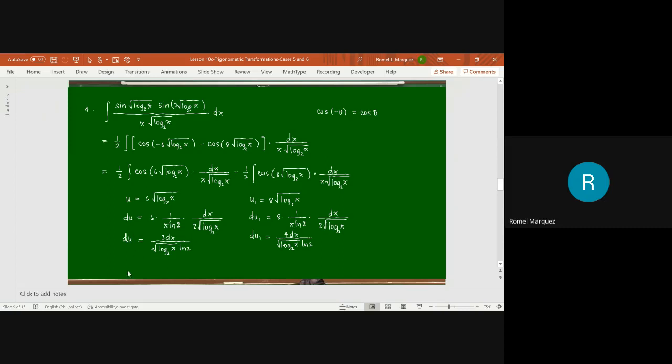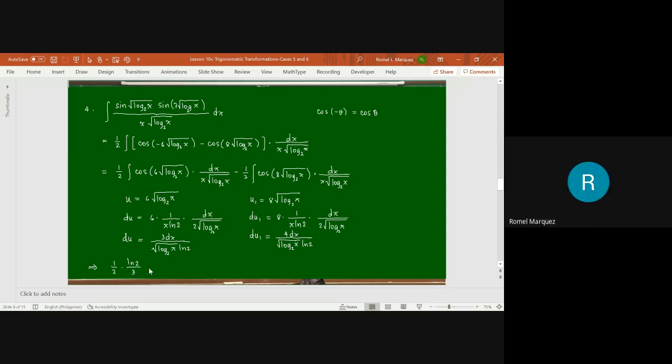Finally, we now have 1/2. What is this, guys? I will put 3 over ln 2 here. I balance outside by ln 2 over 3, no? Yes, and this is the cosine u.